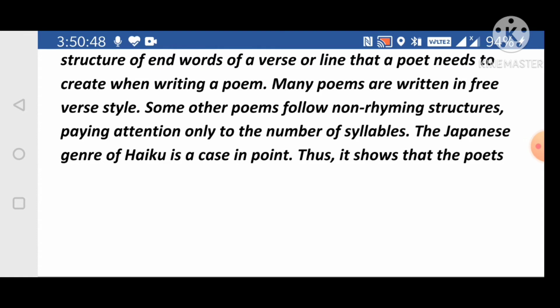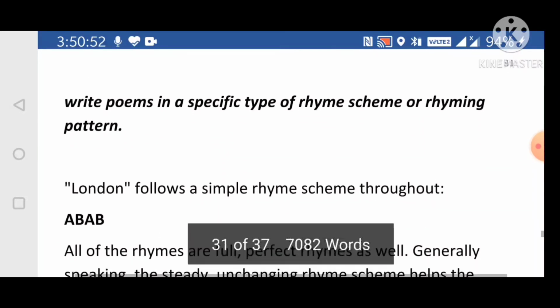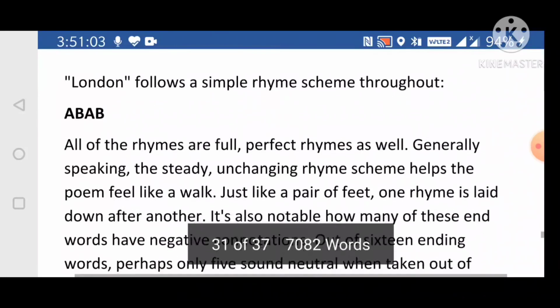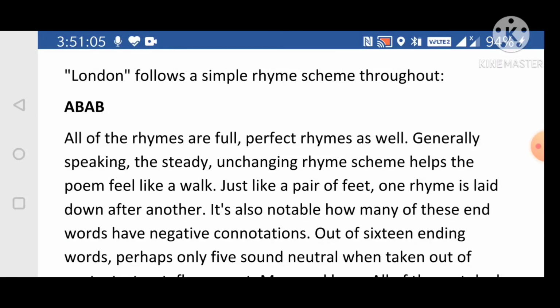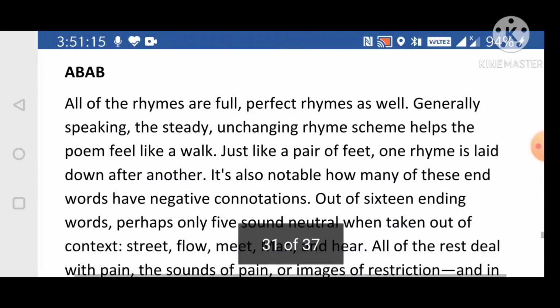Thus, it shows that poets write poems in a specific type of rhyme scheme or rhyming pattern. London follows a simple rhyme scheme throughout, and that is A B A B. That is, each alternate line ends with the same sound. All of the rhymes are full, perfect rhymes as well.